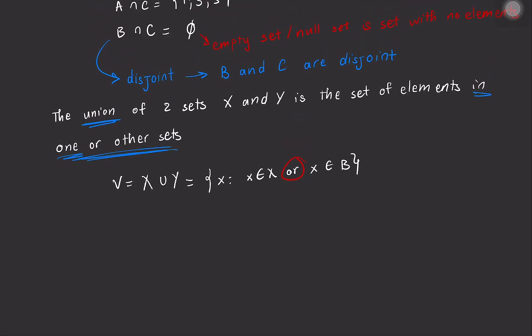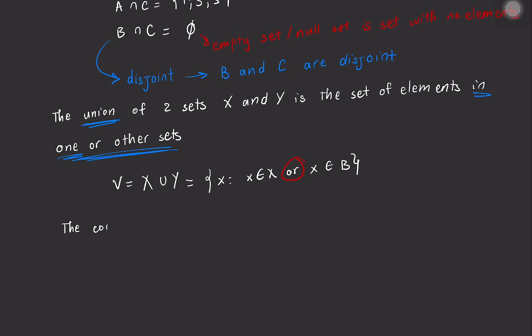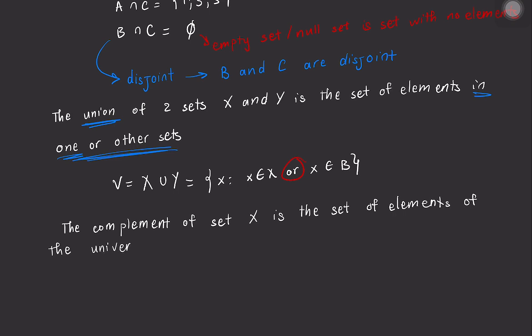The next definition is the complement. We say the complement of set X is the set of elements of the universal set U that are not elements of X. So note again that the universal set U is the set that all of the other sets belong to.